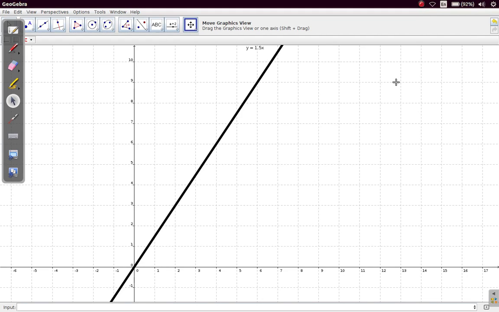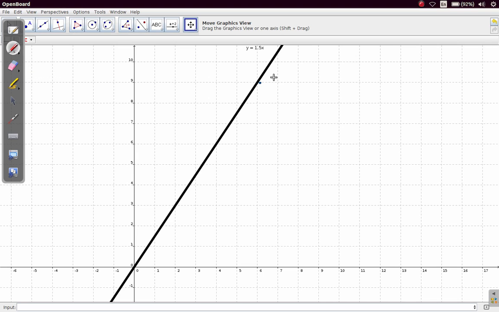Let us look at how you find the gradient of a straight line. This is our straight line right now. We want to choose 2 points on the line.